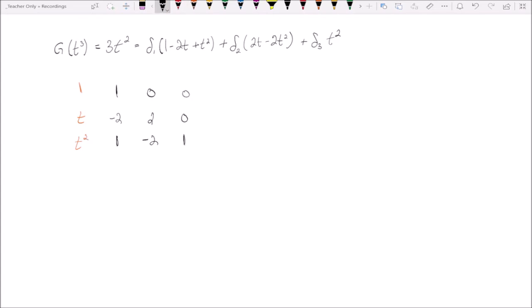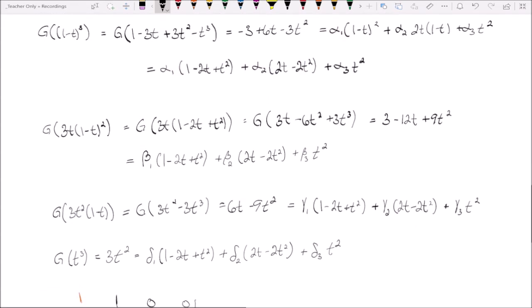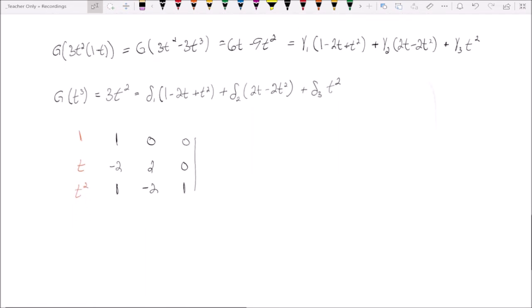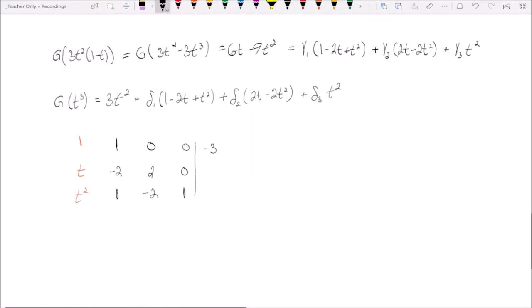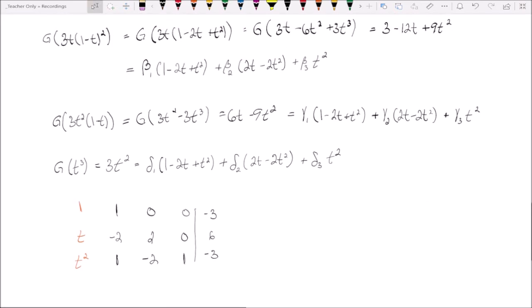For the first equation, this will be augmented with the transform, right? So this vector right here, -3, 6, -3. For the second, it'd be augmented with this vector, 3, -12, 9.